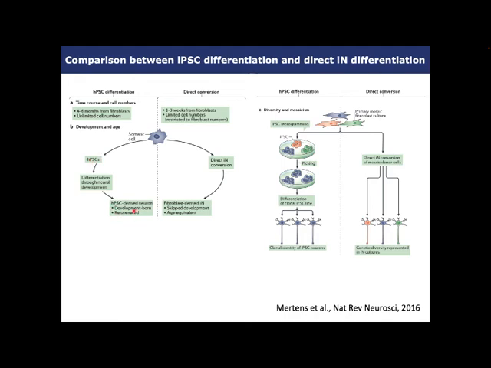So these neurons are still very young. They have characteristics similar to young neurons instead of aged neurons, although we use aged somatic cells. It has good things and bad things, because we can generate young neurons, which is good for transplantation therapy or cell therapy.